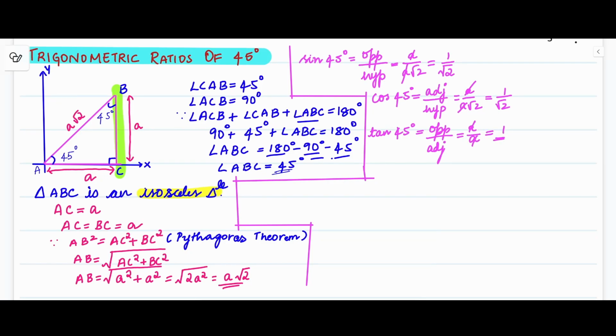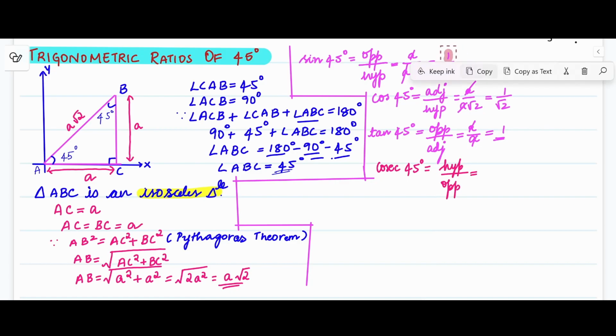The next three trigonometric functions are the reciprocals of the first three trigonometric functions, that is sin theta, cos theta and tan theta. The first one is cosecant theta, that is cosecant 45 degrees. Cosecant theta has the ratio hypotenuse divided by opposite, or the perpendicular side of the triangle. So we can directly write it as root 2, but let us look into our diagram. The hypotenuse side is AB, which has the highest length of the triangle and is opposite to our 90-degree angle, so its length is A root 2.